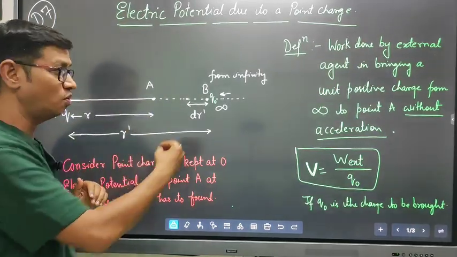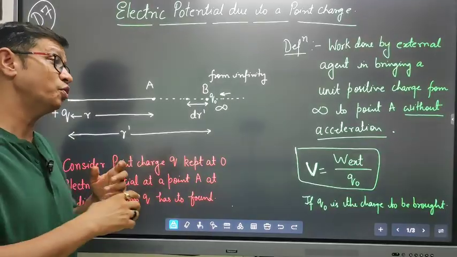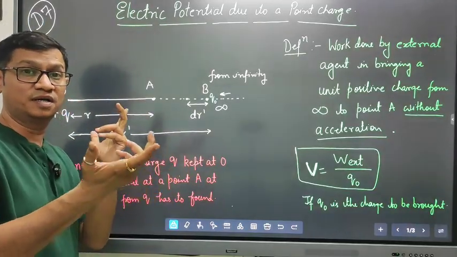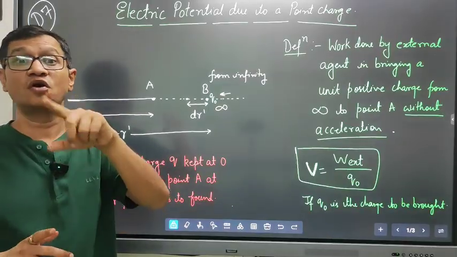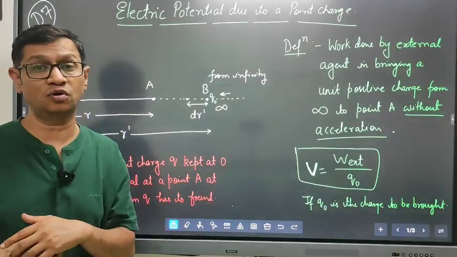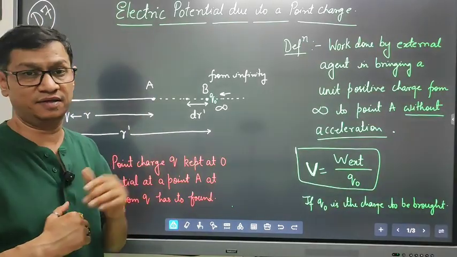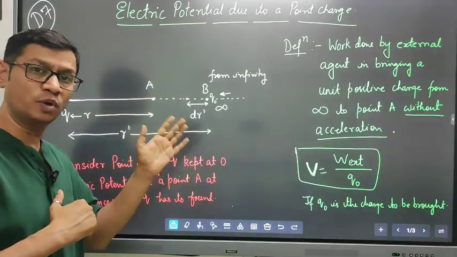So as the charge is coming closer, the force is also changing. So how can you simply take a force and multiply by a displacement? For a variable force, remember in grade 11, we have to do integration to find out the work done, right? F dot dr. So simply the same thing you will be doing here. Okay, so don't worry, it's simple.